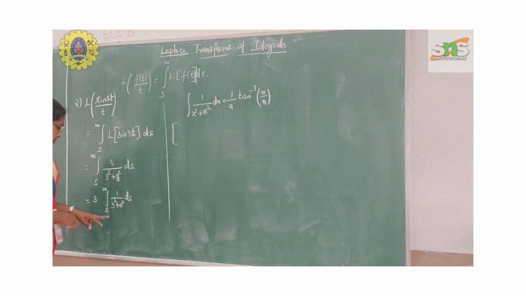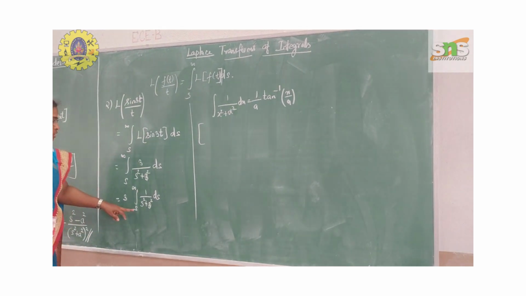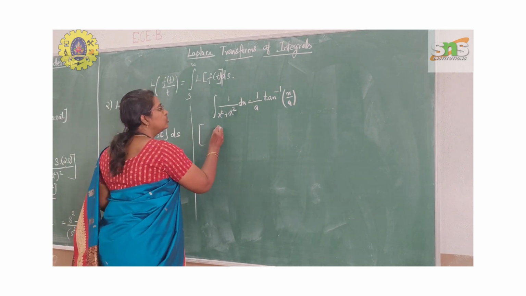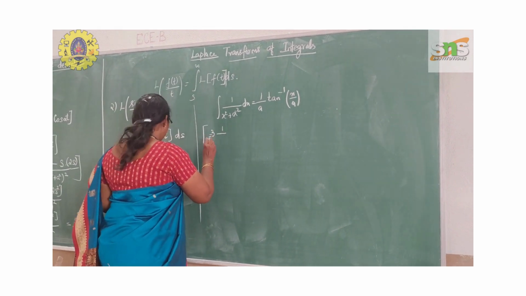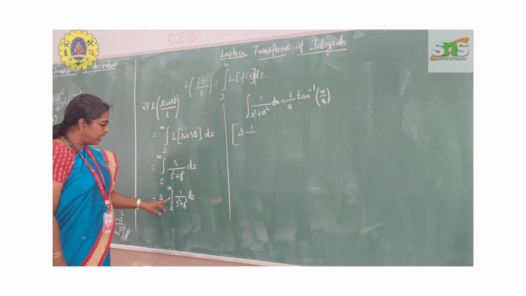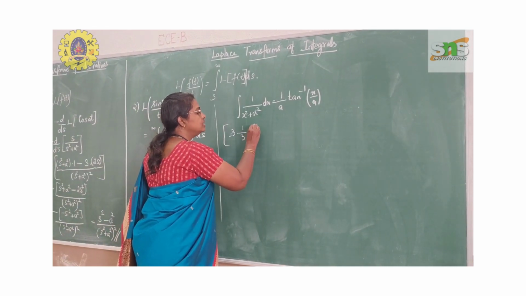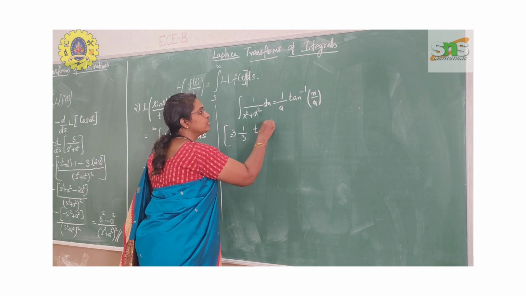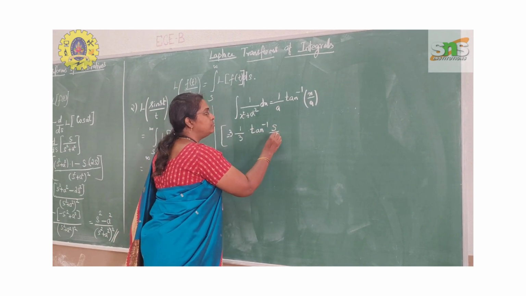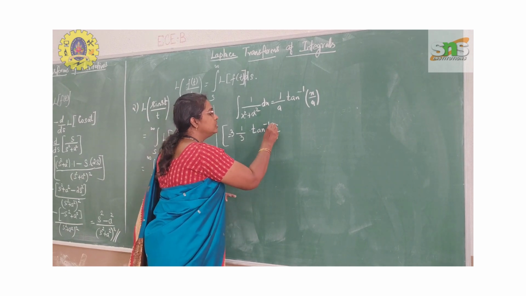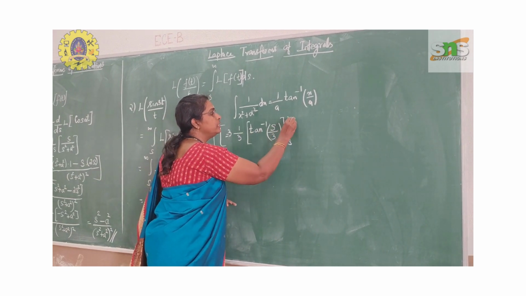Instead of a we have 3, so 1 by 3 into tan inverse of s by 3, with the limits s to infinity.